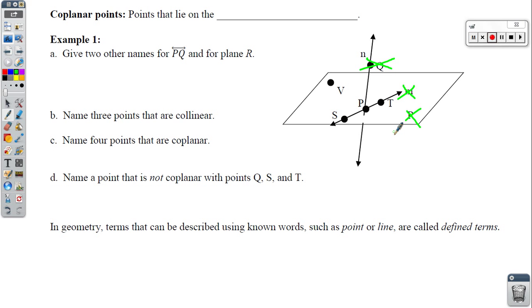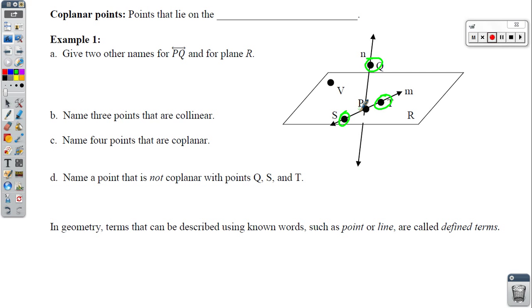Part D says name a point that is not coplanar with points Q, S, and T. So for this, we're going to have to think about what this picture looks like a bit. So again, Q, S, and T, those are the 3 points that we're looking at. Now remember, Q is not on the plane that's pictured there. So what we'd have to do is think of another plane sticking up vertically.